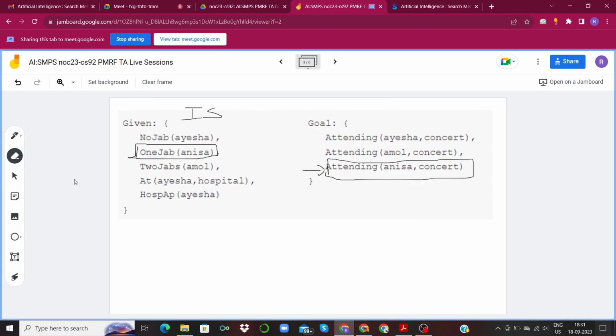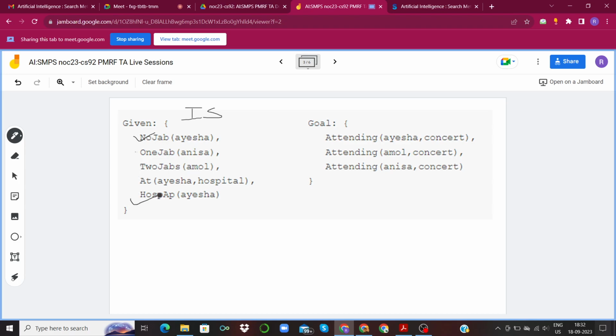Okay, so now we are considering Aisha's goal, which is to attend the concert again. And let's keep in mind what is the information given to us about Aisha in the initial state. We are told that Aisha has no shot of vaccine.